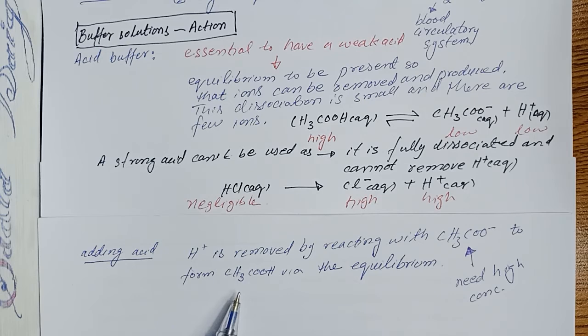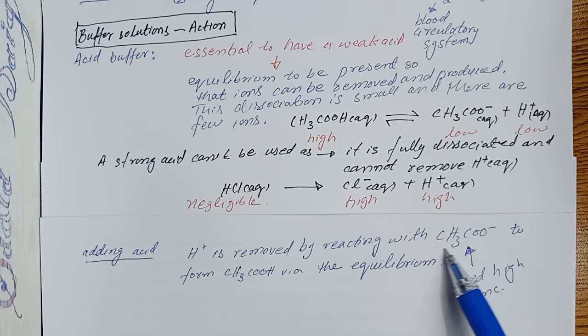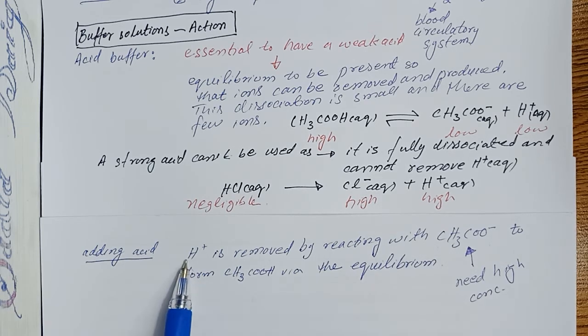So for this purpose we need a system that can generate an excess of these species, but it must not increase the concentration of hydrogen ion.